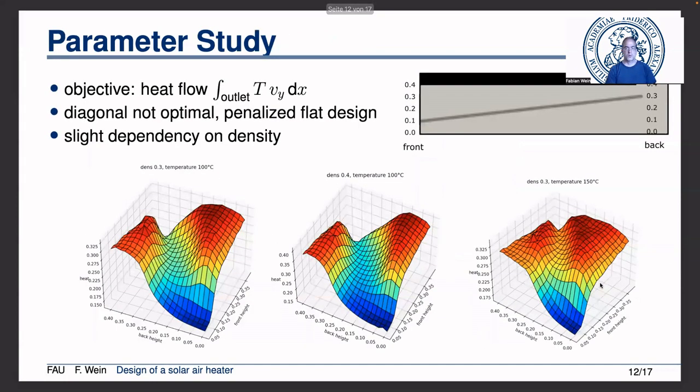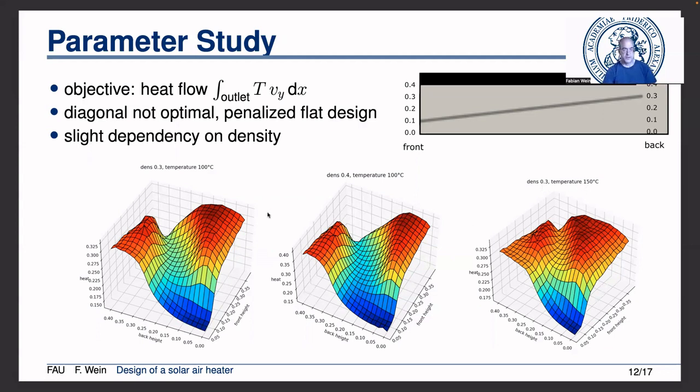With this model, we can now do a parameter study. We have one simple absorber, and we vary the height of the front point and the height of the back point, and make a study of it with a density of 0.3 and 100 degrees, a density of 0.4 and 100 degrees, and a density of 0.3 but 150 degrees.